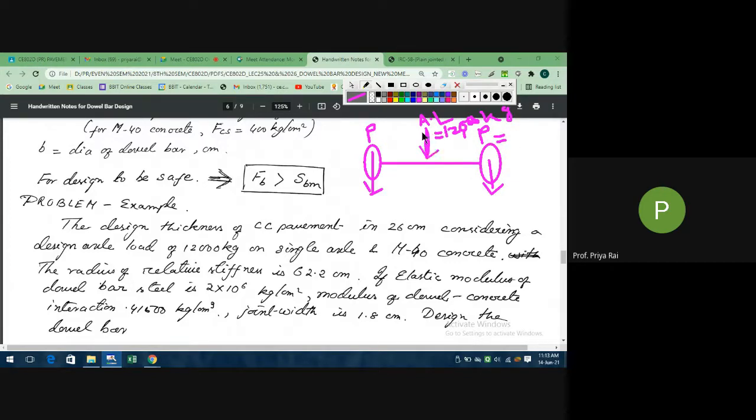If the axle load is 12,000 kg, then what is the load transferred by this wheel? See, some portion of this axle load is going from this wheel to the slab, and the remaining portion is going from the other wheel to the slab. Then what is the load transferred by this side wheel and this side wheel, if the total load coming is 12,000 kg?